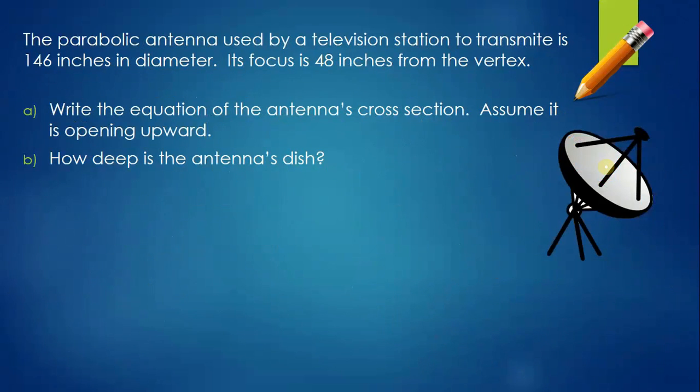All right, let's take a look at the last problem for tonight. The parabolic antenna used by a television station is transmitted. That should be transmit, no E in that. Is 146 inches in diameter. Its focus is 48 inches from the vertex. So, if you have never seen a satellite dish, that's pretty much what we're talking about.